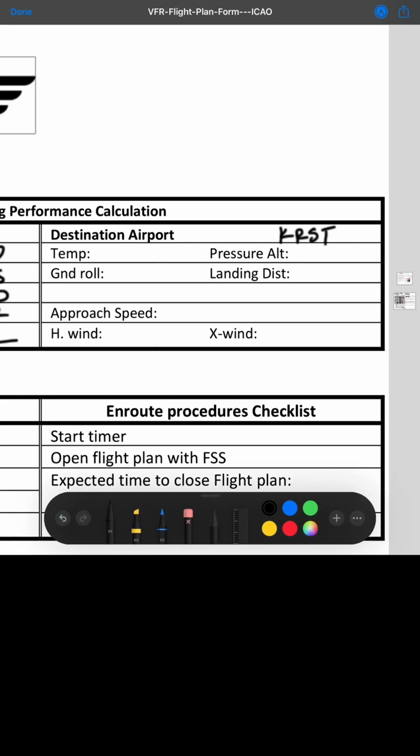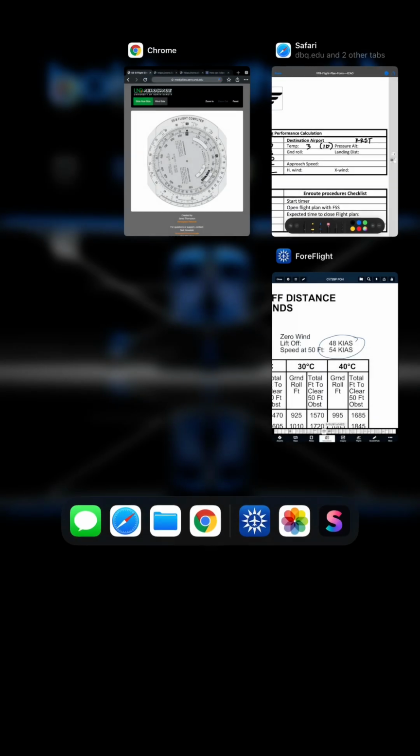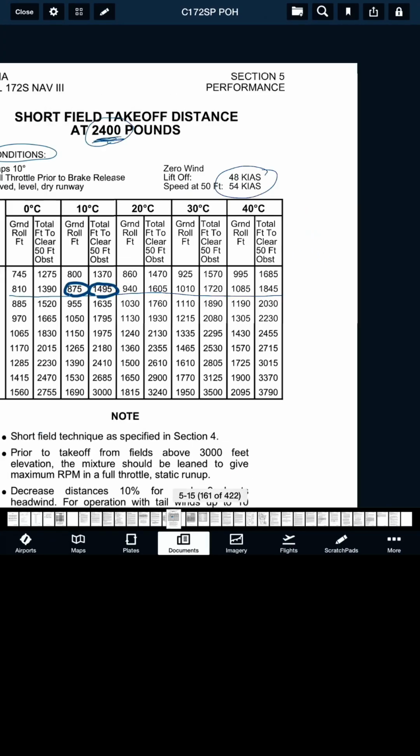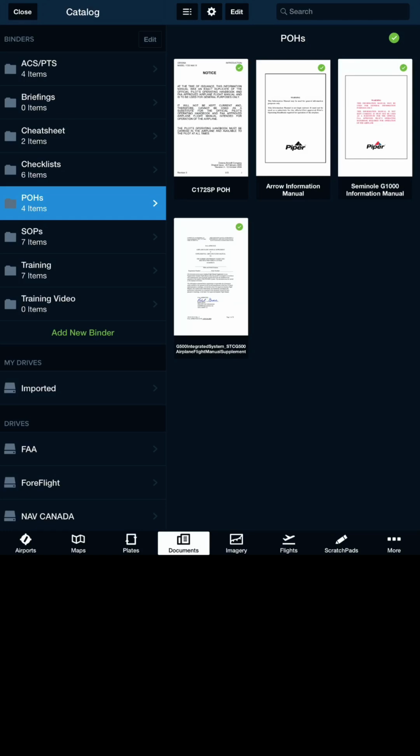Our pressure altitude is going to be calculated the same way. You'll have to pull the current METAR from Rochester. I didn't pull that for this video, but we're just going to assume that the pressure altitude is similar.